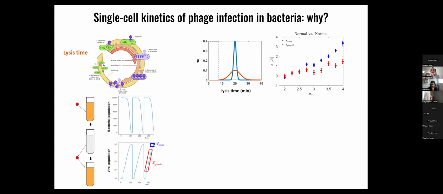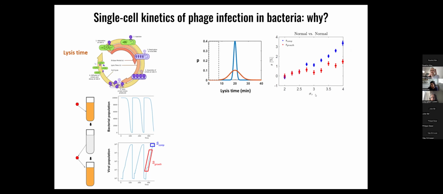When we did that, we found that noise can really make a big impact. For example, two populations of phages are compared where both have a mean lysis time of 20, whereas one has a standard deviation of 1 and the other 3.